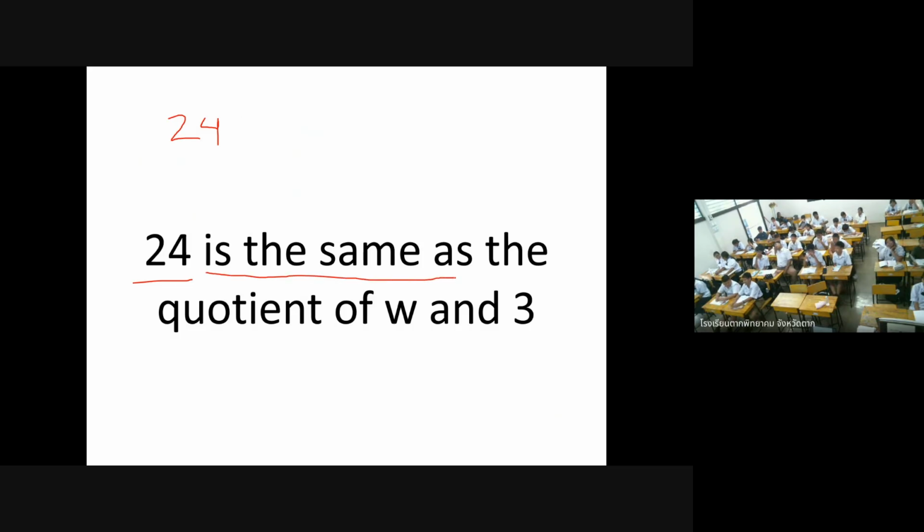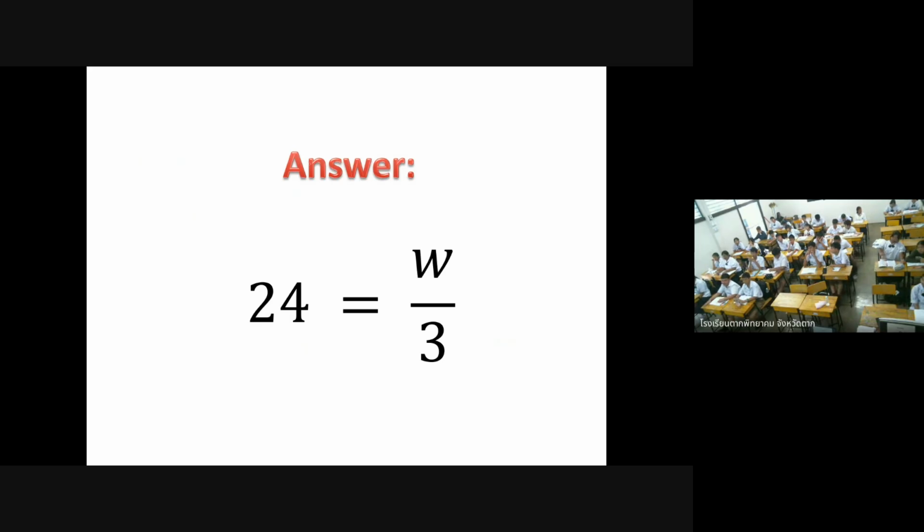Everyone, is the same as means equals. Quotient means divide, but again, we're going to use a fraction. Divide W and 3. That's why the answer is this.